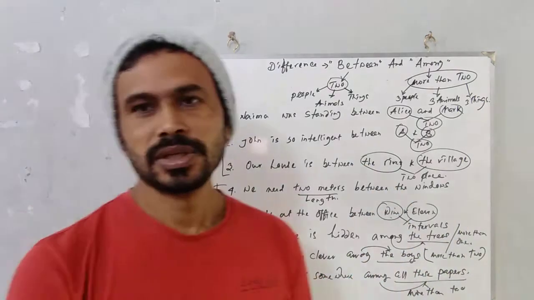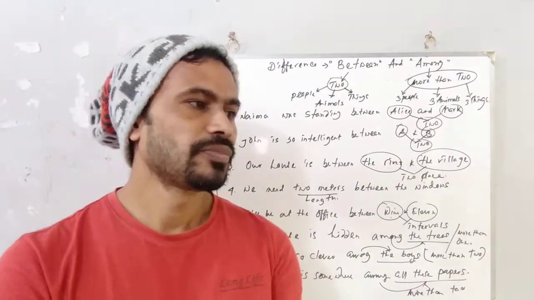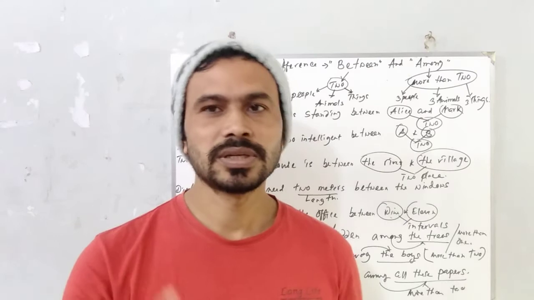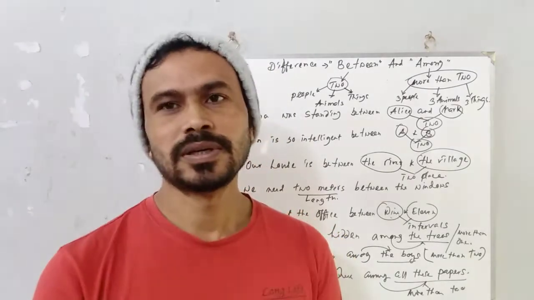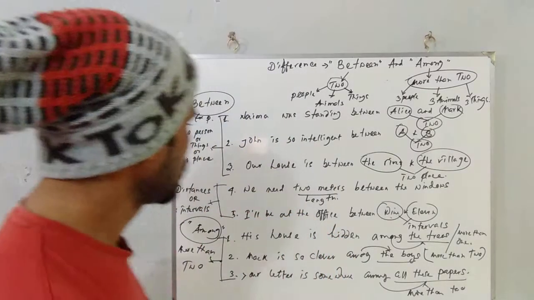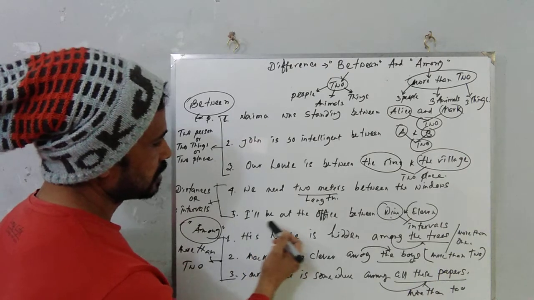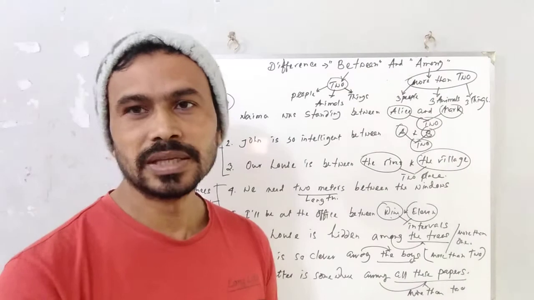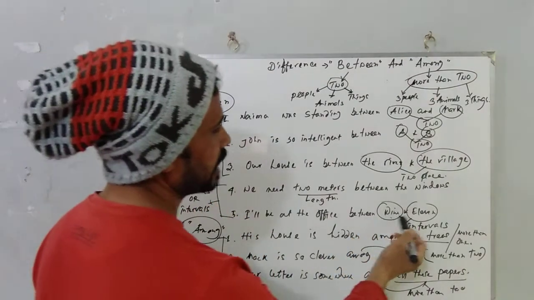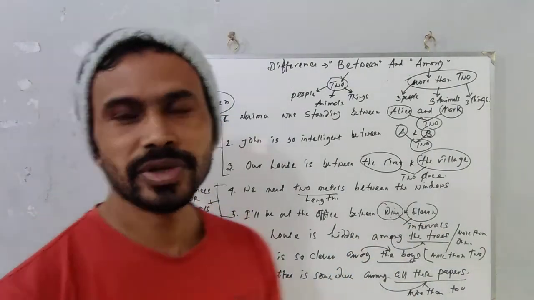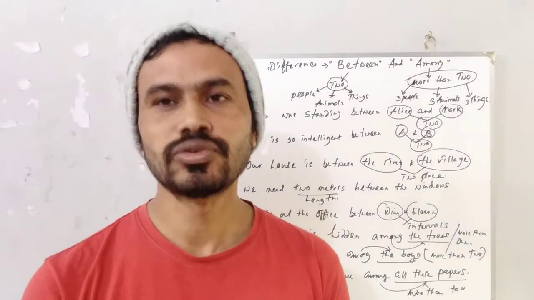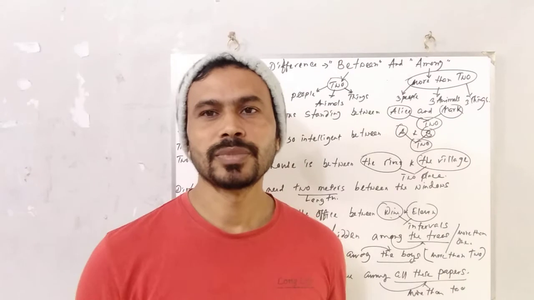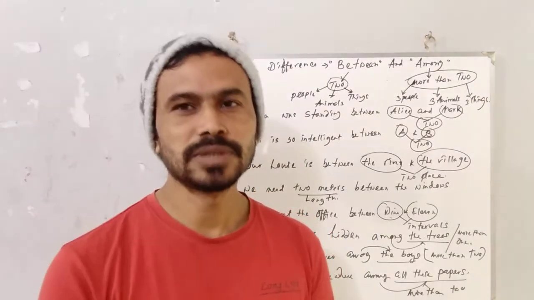Next one. I will help you understand with one sentence for intervals. I will be at the office between 9 and 11. Between 9 and 11, it is an interval, which means times.